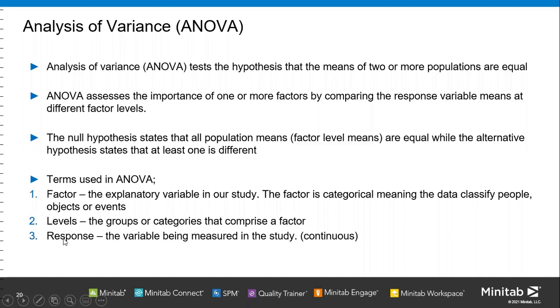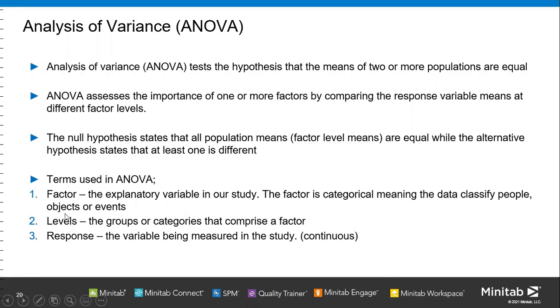And then of course we need to have the response, the variable being measured in the study, which is continuous. If let's say here is our y, then the factor here refers to our x. Sometimes we call this one the factor, this one the response, or in mathematical terms, this one we call x, this one we call y.